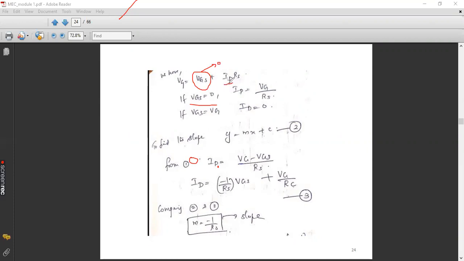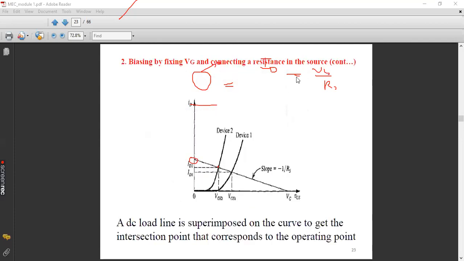Correspondingly, you will find your y-axis value. The y-axis is ID, so you need to find the value of ID corresponding to 0 value of VGS. So ID is equal to VG divided by RS, that you have shown in your graph.